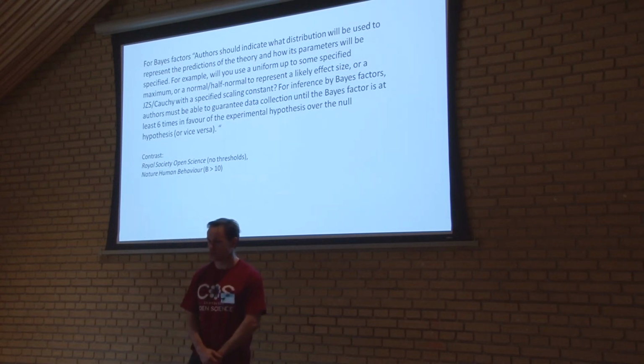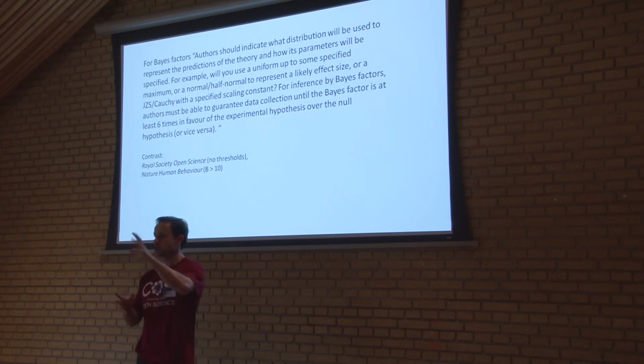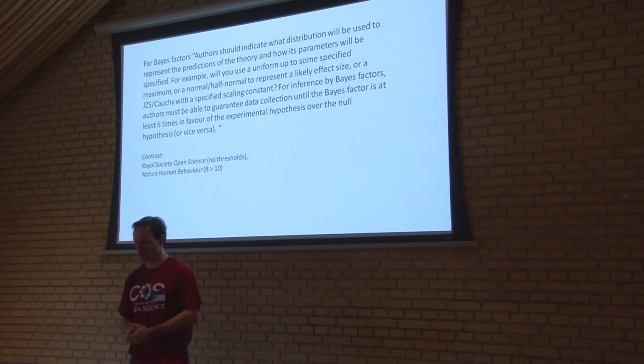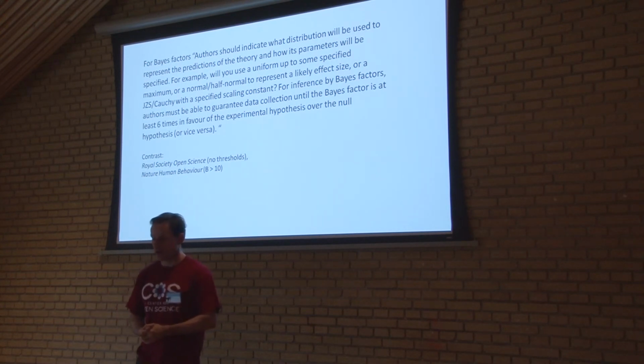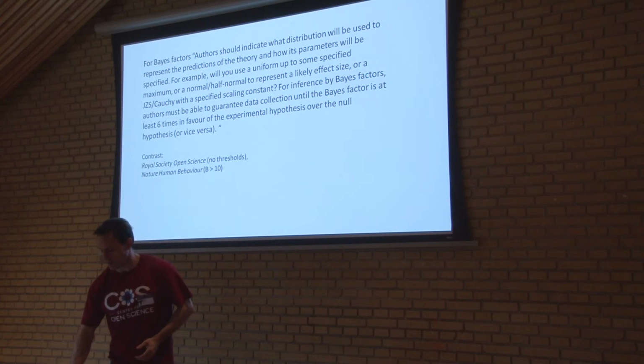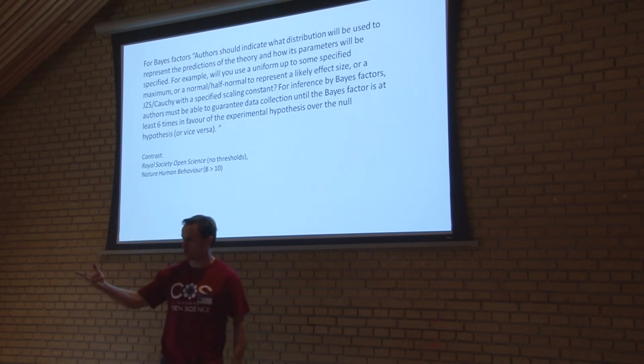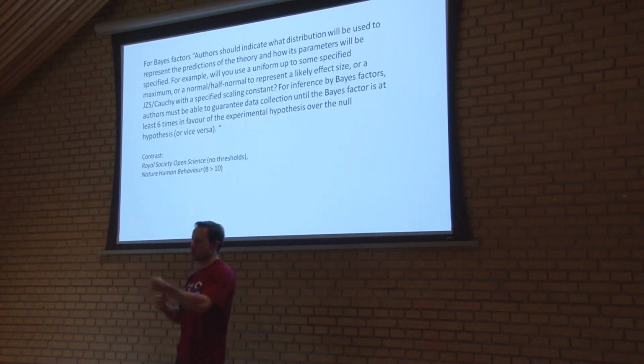Now with Bayes factors, what you need to do is specify, because a Bayes factor compares one model, say your model of H1, versus another model, your model of H0, say no effect, and it gives you the relative evidence for one of those models versus the other. So for that to be of any use to you, you have to specify what the model is and why that model of H1 relates to your theory.